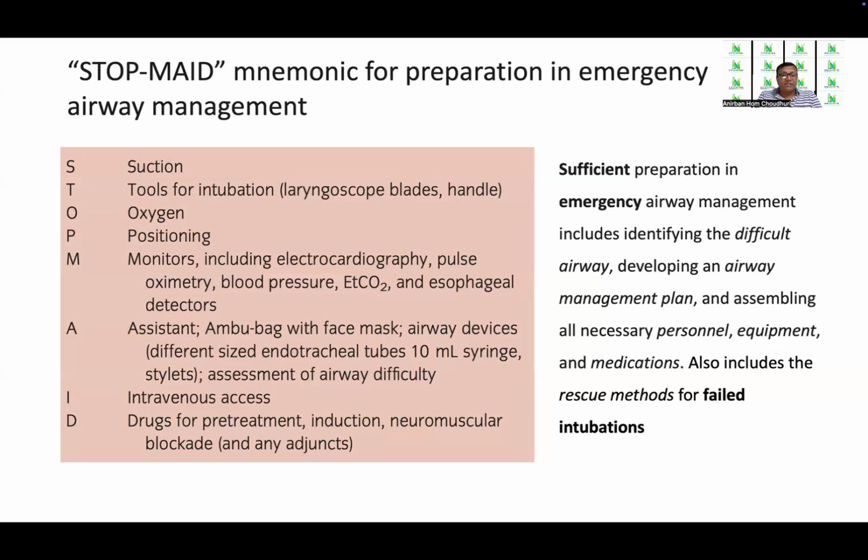A stands for assistant, because in a difficult airway, one should keep an assistant because of uncertainties. And along with an Ambu bag with face mask, airway devices, different sized endotracheal tubes with stylets, etc. I stands for intravenous access, and D stands for drugs for pre-treatment, induction, neuromuscular blockade, and also any adjuncts if there are.